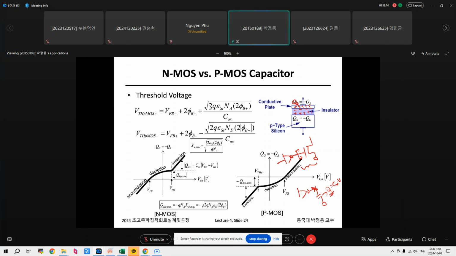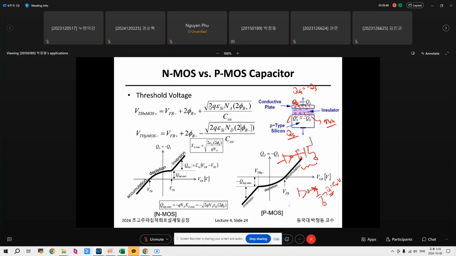So the induced charge is negative, which is the N channel for the MOS, right? So the surface charge density, let's say it is QS, then QG is naturally minus QS. Okay, that's what it means.